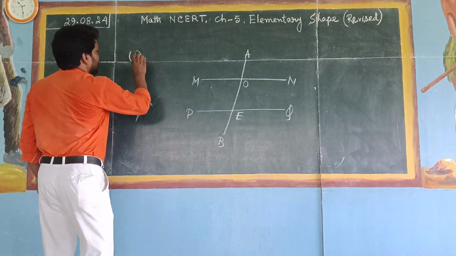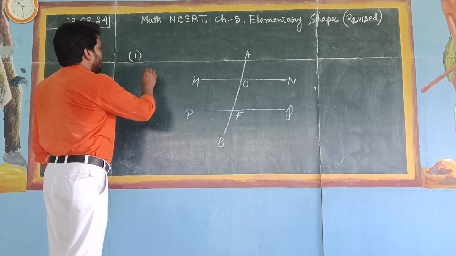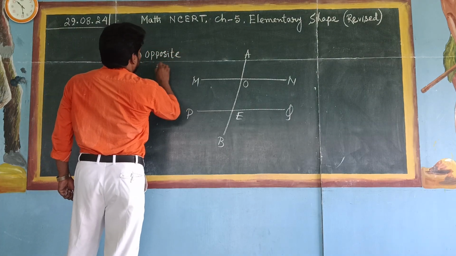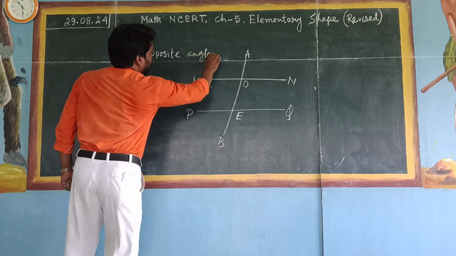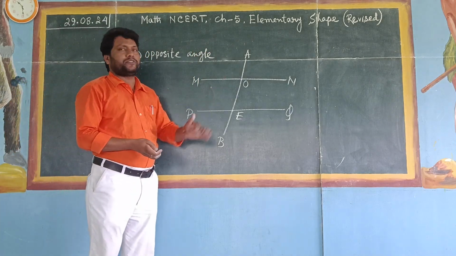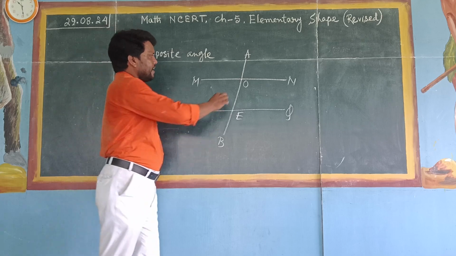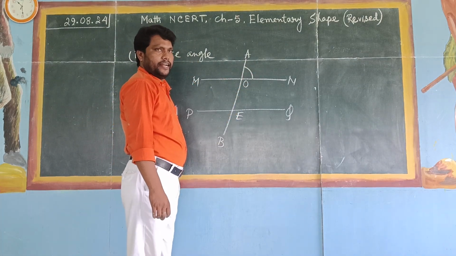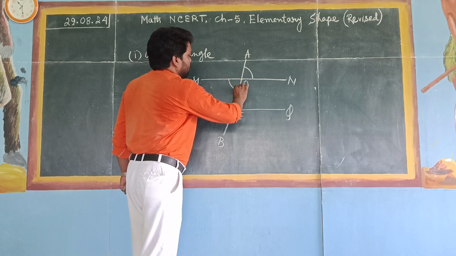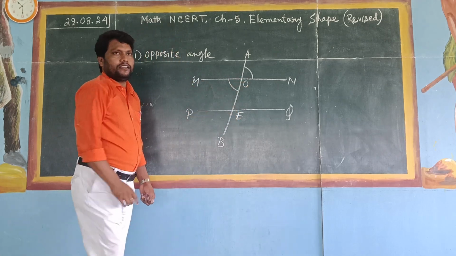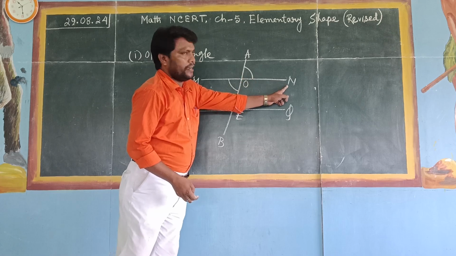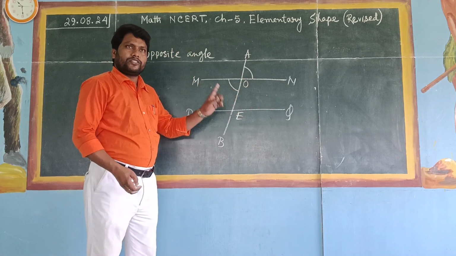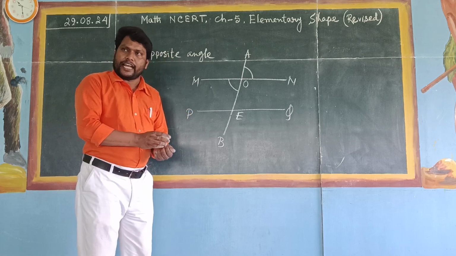Number one, opposite angles. Many pairs of opposite angles are there. Look, AON is opposite to MOE. So this is one pair of opposite angles.